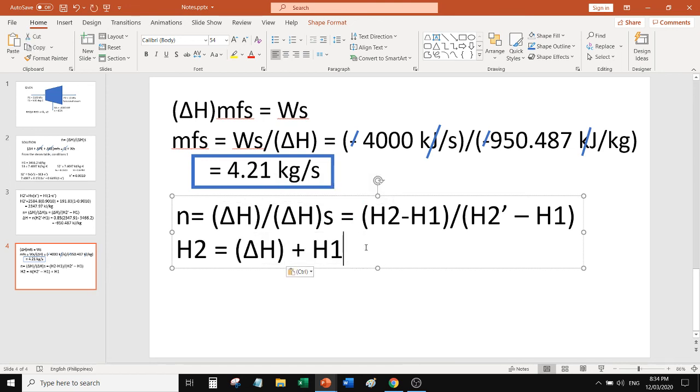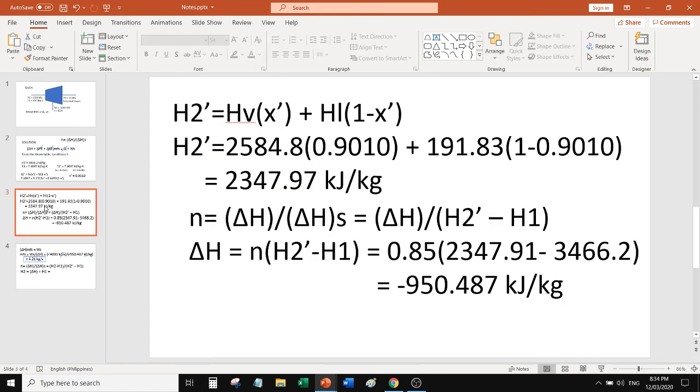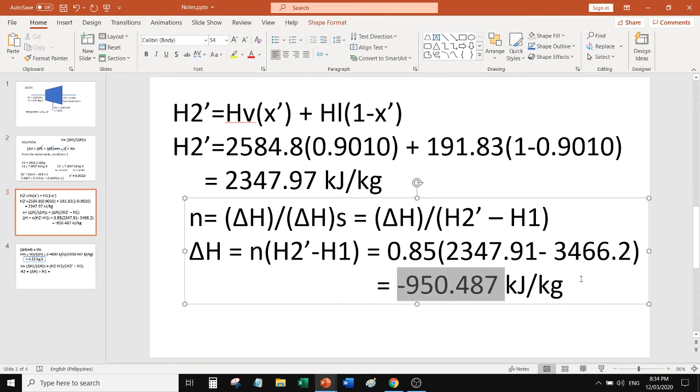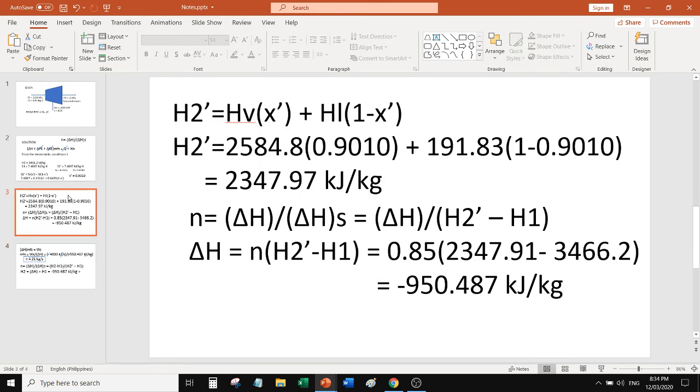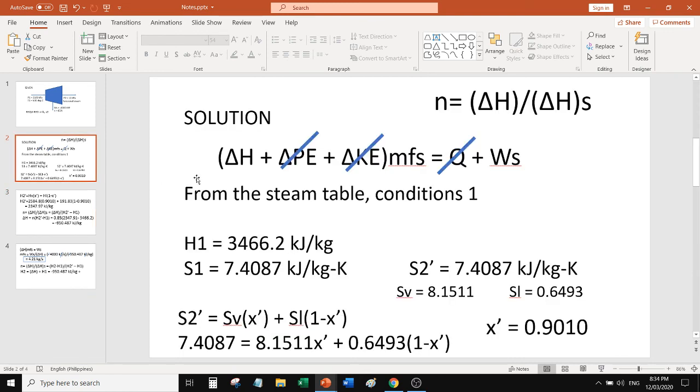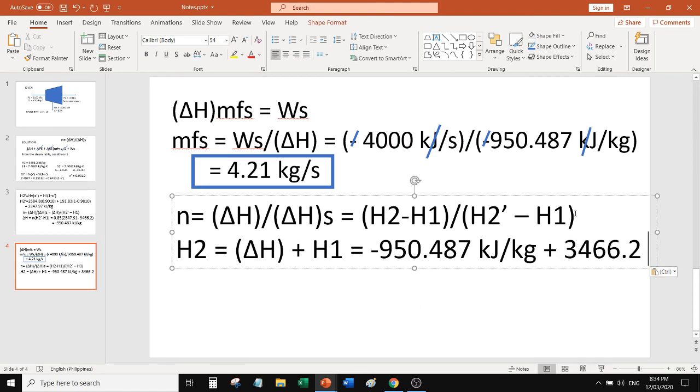So, may value na tayo ng delta H kanina, negative 950, plus may value tayo ng H1. Therefore, ang H2 mo ay 2515.713.